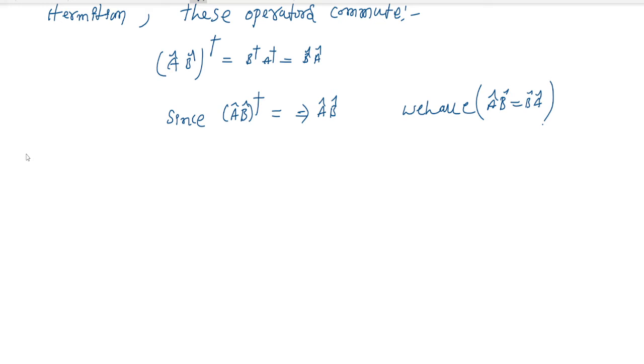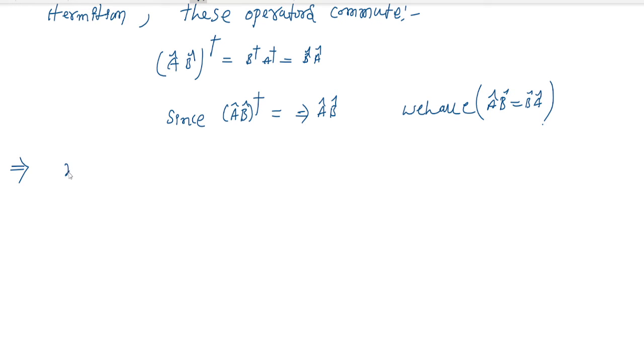Okay. So examples of these commutator things: commutator of the position operator x with the momentum operator.